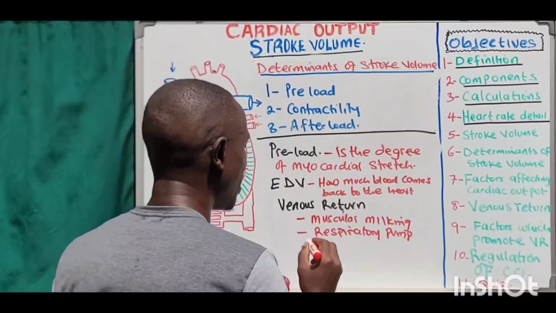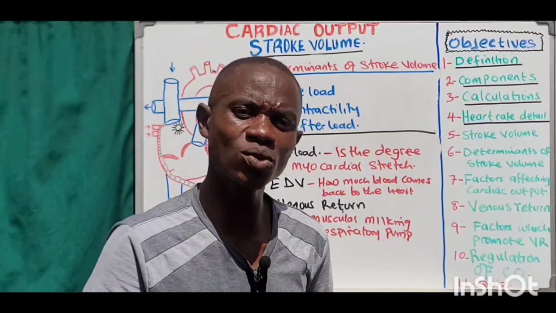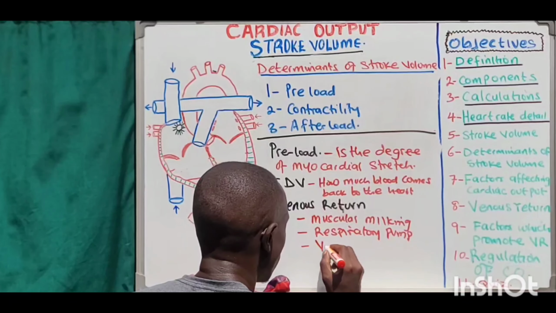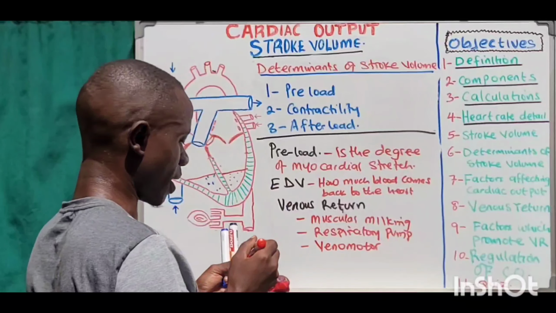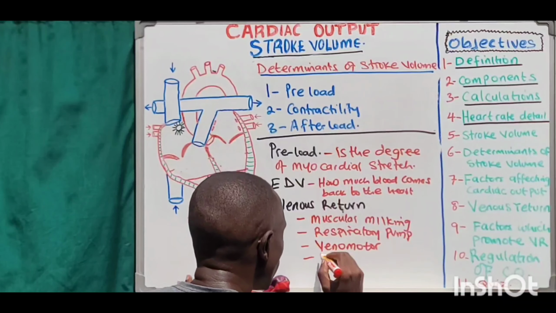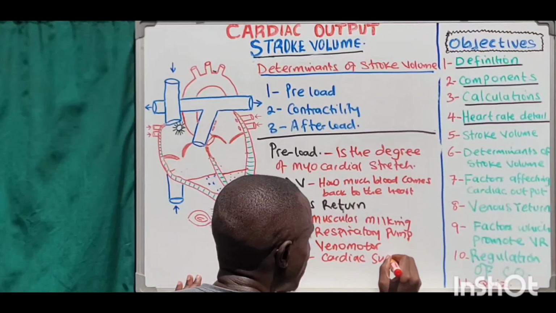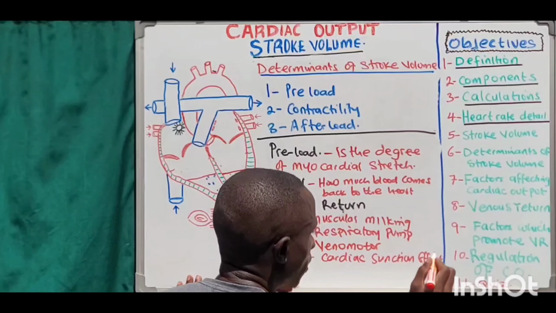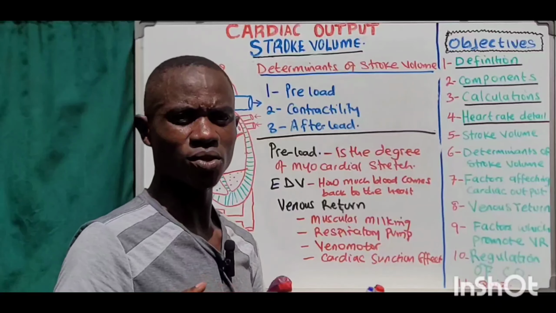The third one is the sympathetic nervous system, which causes vasoconstriction, and this one is what we call venomotor tone. And then another one is the cardiac suction effect. We shall go ahead and look at what I mean when I talk about the cardiac suction effect.